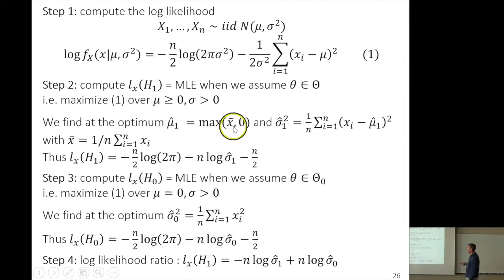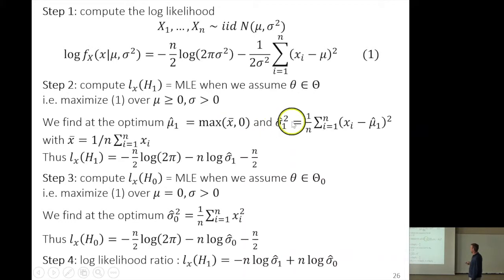Otherwise, if x bar is negative, it could happen, even if we are not expecting it, because things are random, then the closest point that is non-negative is 0. So in general, our estimate of mu1 under maximum likelihood and with those constraints is the maximum of x bar and 0.